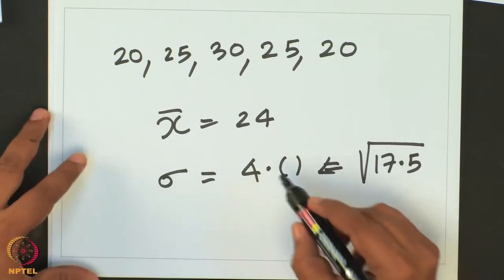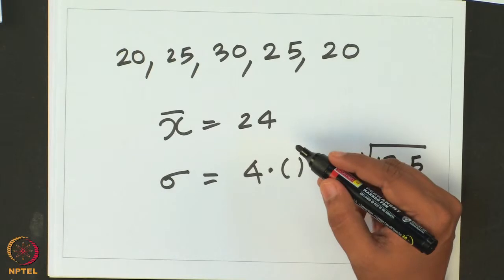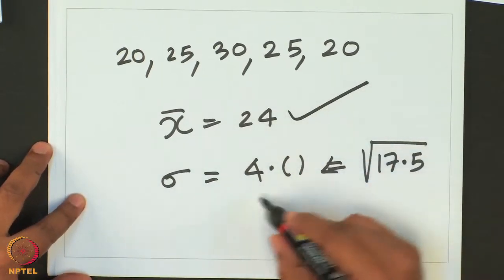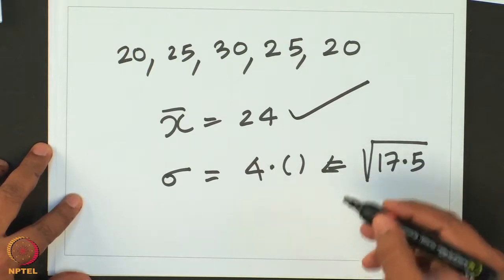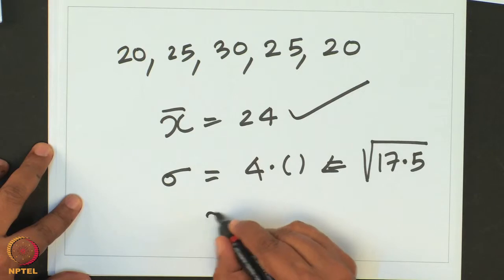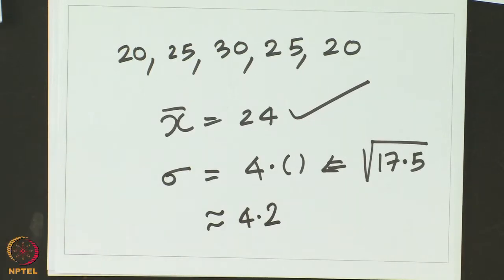We have two numbers now to convey: 24, which is the mean, and the standard deviation, let us say approximately 4.1 or 4.2. Let me take it as 4.2.